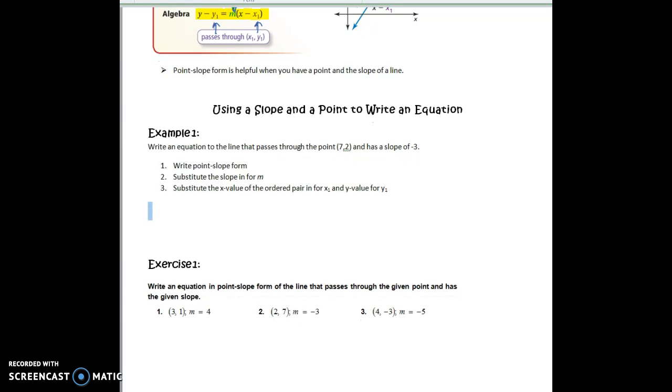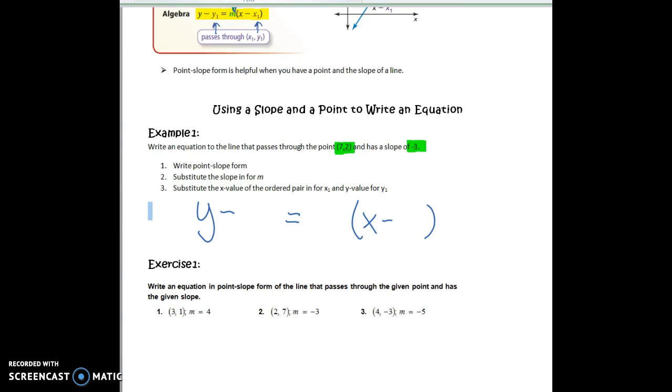So on my first example, I have: write an equation of the line that passes through the point (7, 2) and has a slope of -3. I'm going to write the standard form in blue, what is always there, what does not change. And in red, I'm only going to substitute in the values.